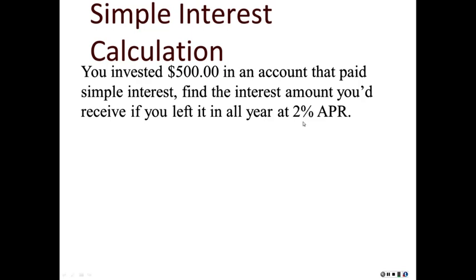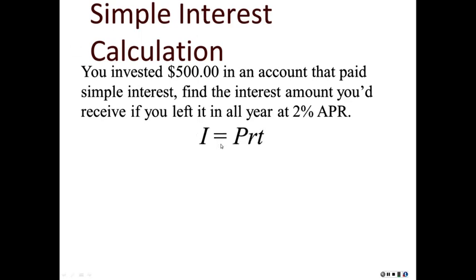Now the interest is only going to be 2% APR. And I'm not even sure nowadays, can you even get 2% in a typical savings account? I think it's even lower than that, right?